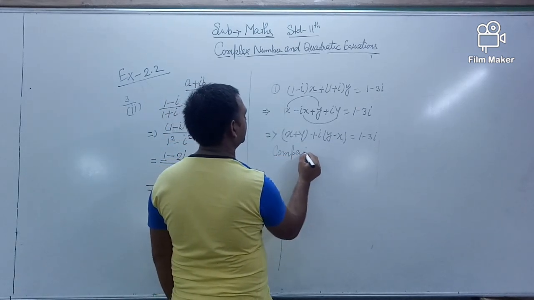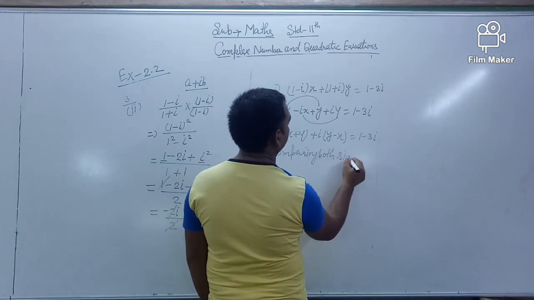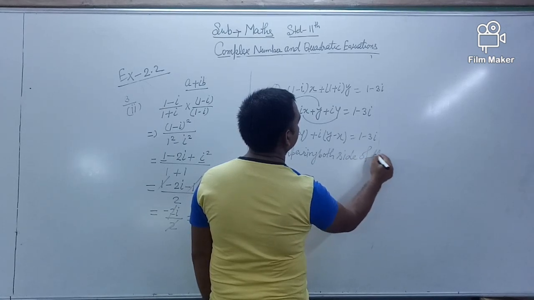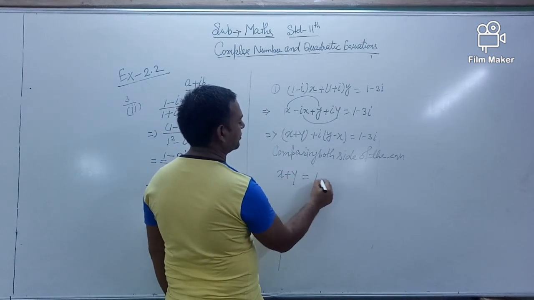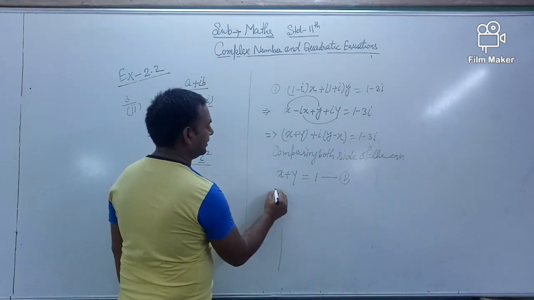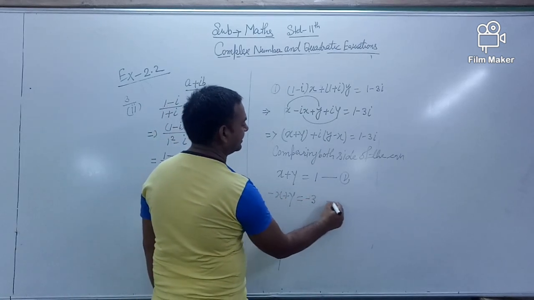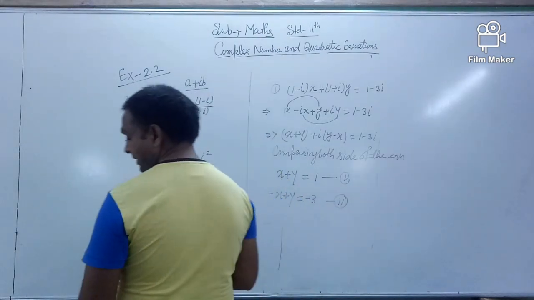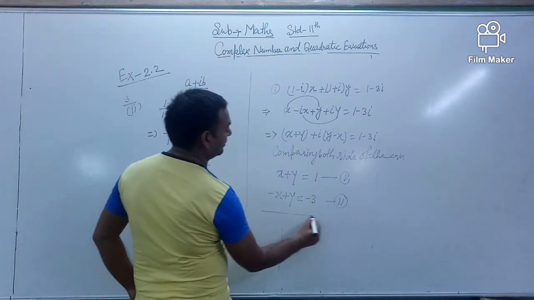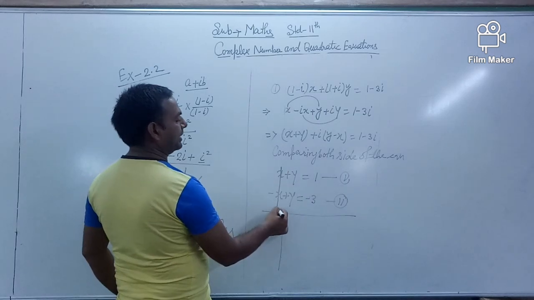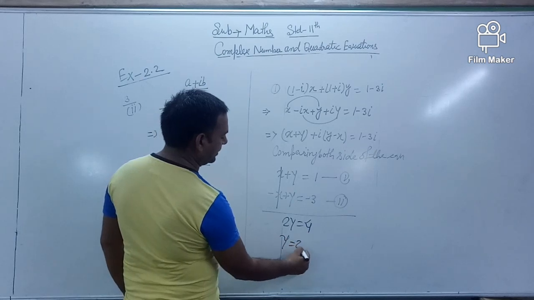Comparing both sides of the equation, x plus y, this is the real part, is equal to 1, equation number first, and minus x plus y is equal to minus 3, this is the imaginary part. So after the comparison, we solve these; x cancels with x, so 2y is equal to 4, so y is equal to 2.